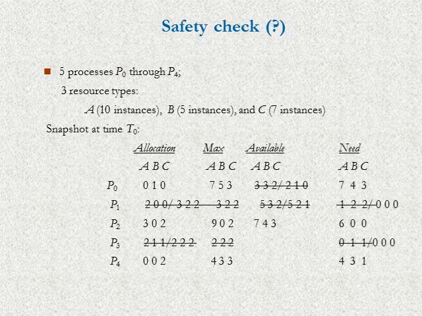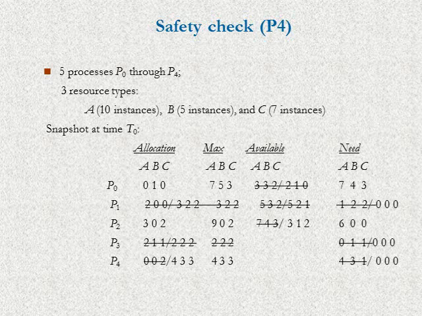Now, by having these resources, can we find any other process that can complete its execution within these resources? We can see that P4 has a requirement which is less than the available resources. So we will allocate the required resources to P4. First of all, these resources are reduced from the system. The need becomes 0 and now it will be added to the allocated resources of process P4.